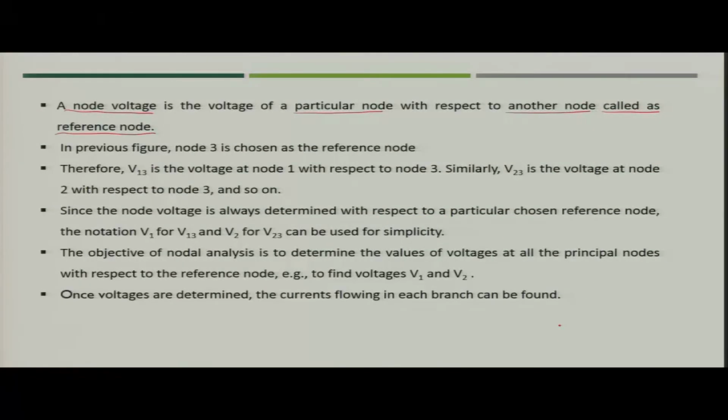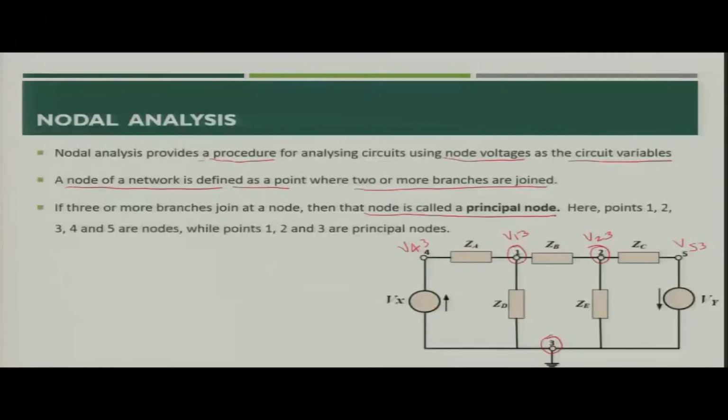Now, what we have to do? We have to take only those nodes which are principal nodes into consideration, and the voltages which we assign to those nodes would be the circuit variables for nodal analysis. In this particular figure, V43, V13, V23 and V53 are the 4 node voltages.